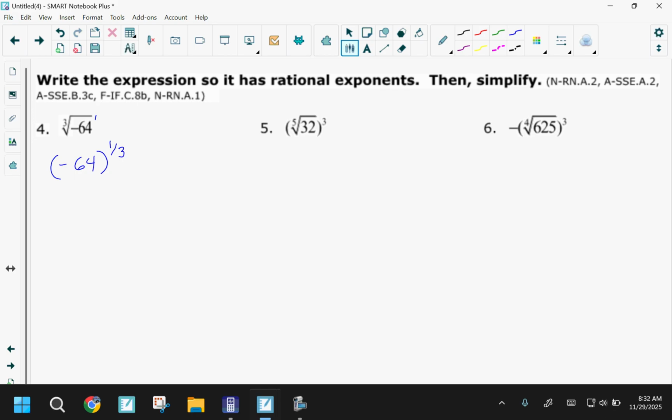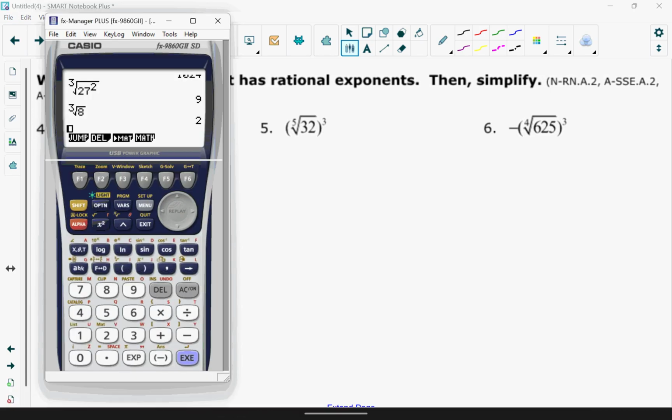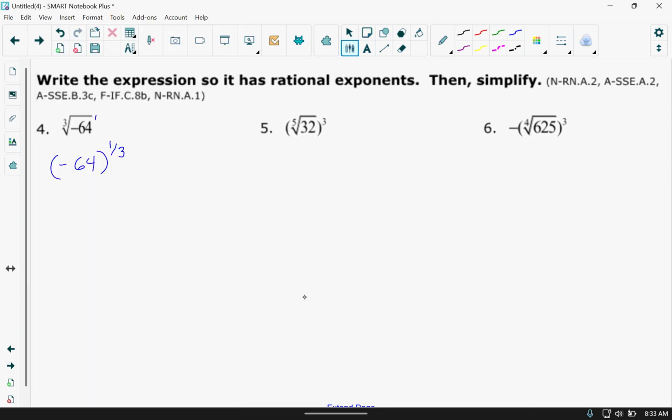And then you could just type that into the calculator to simplify. So in parentheses, -64, to the 1/3 power. So the answer is -4.